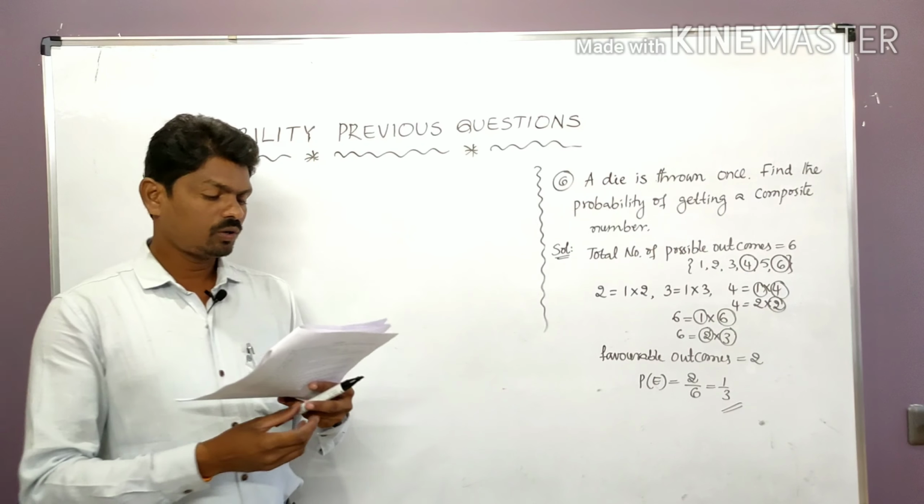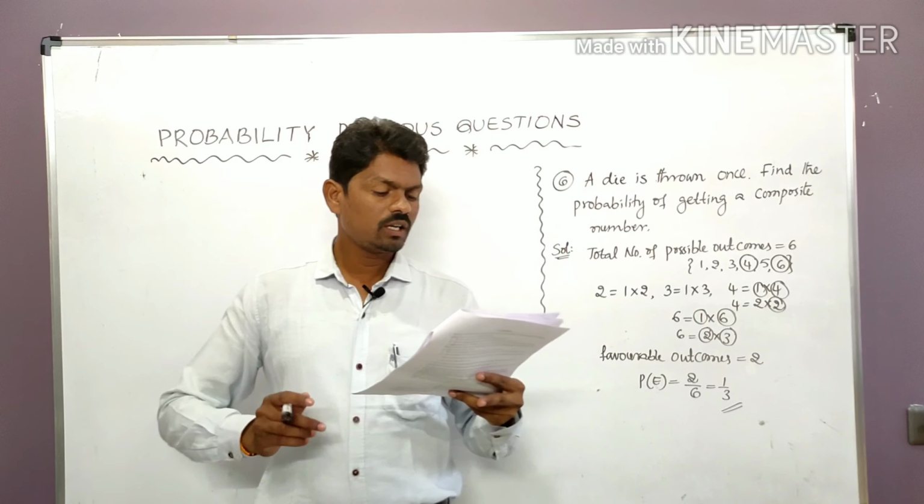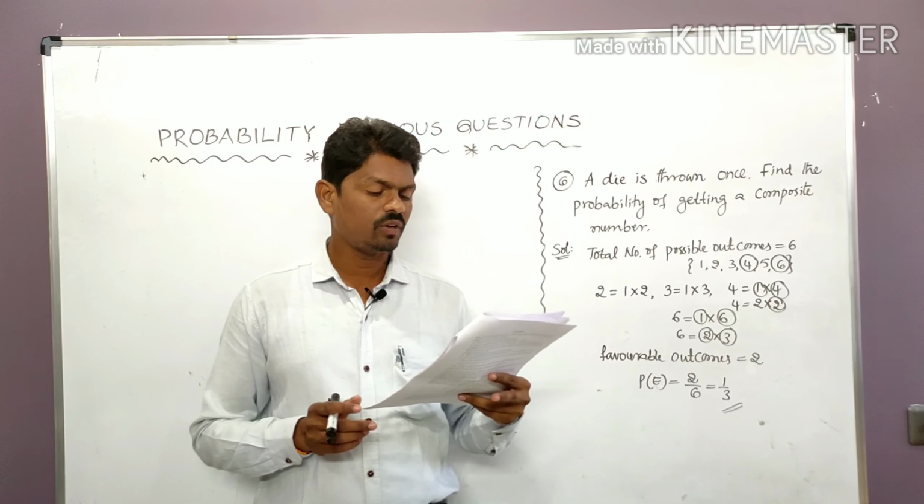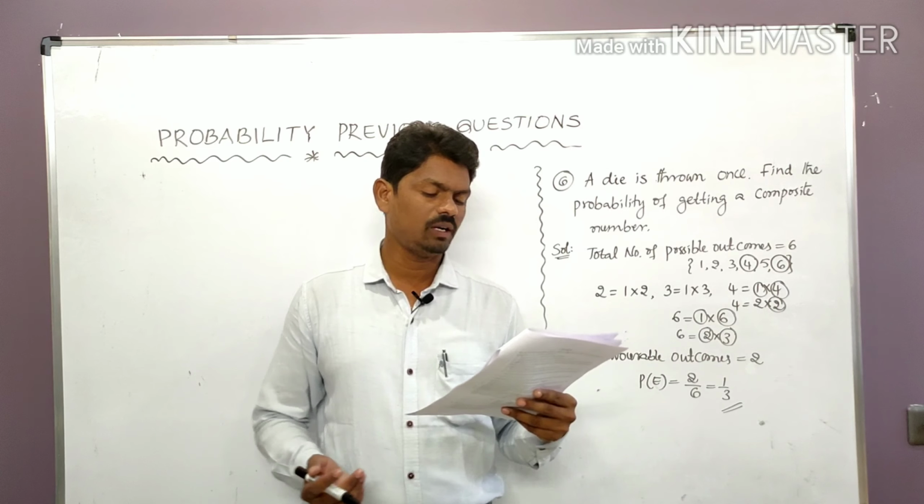See student, one more. What is the probability of getting exactly 2 heads when 3 coins are tossed simultaneously?